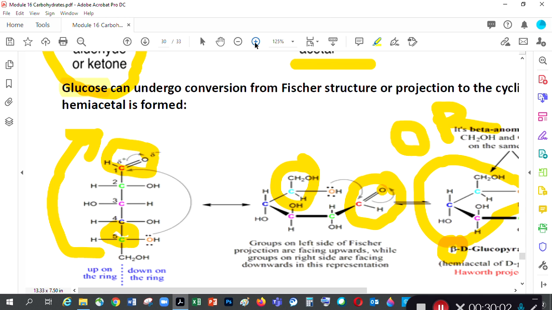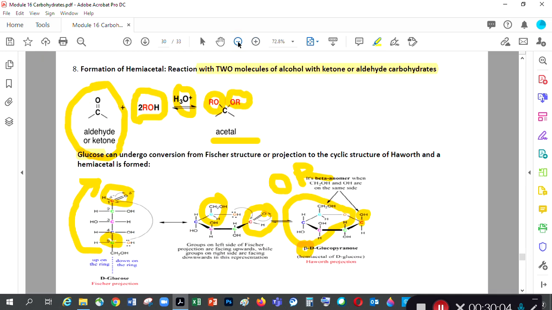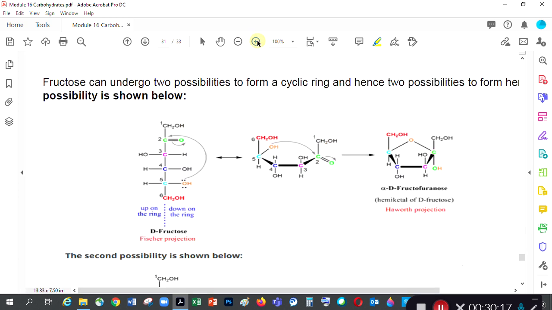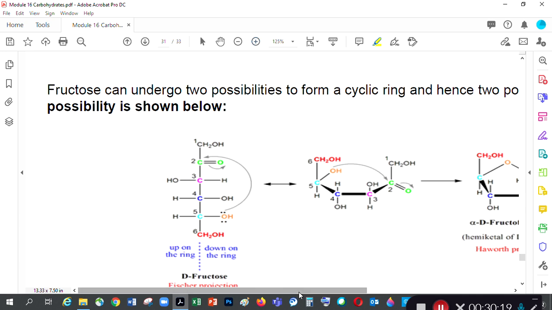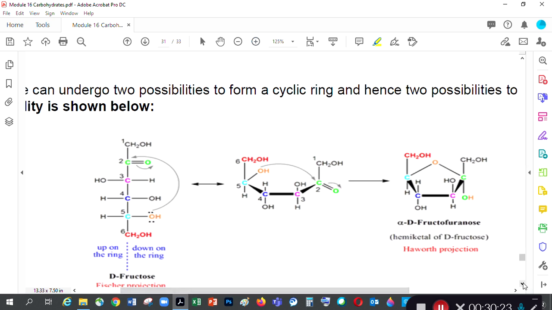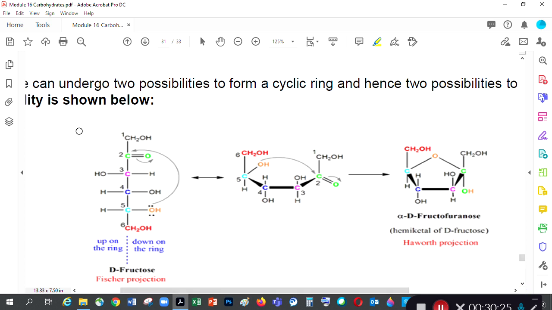So let me go down a little bit. Now here's the same thing. You start with fructose. Let me blow it up a little bit so you can follow me much better. So look at this one here. This is a fructose, correct?